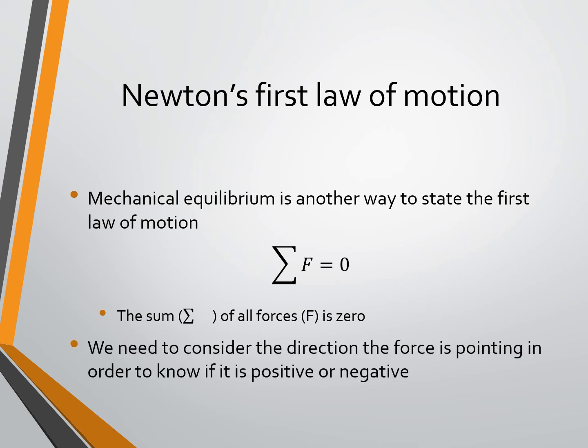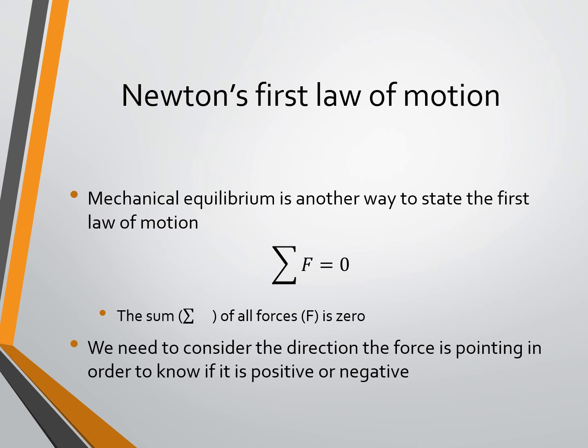So we need to consider, because force is a vector, which direction the force is pointing, to decide if it is positive or negative. Because if we only have positive numbers, we can add as many together as we want. If they're all positive, they're never going to be 0.